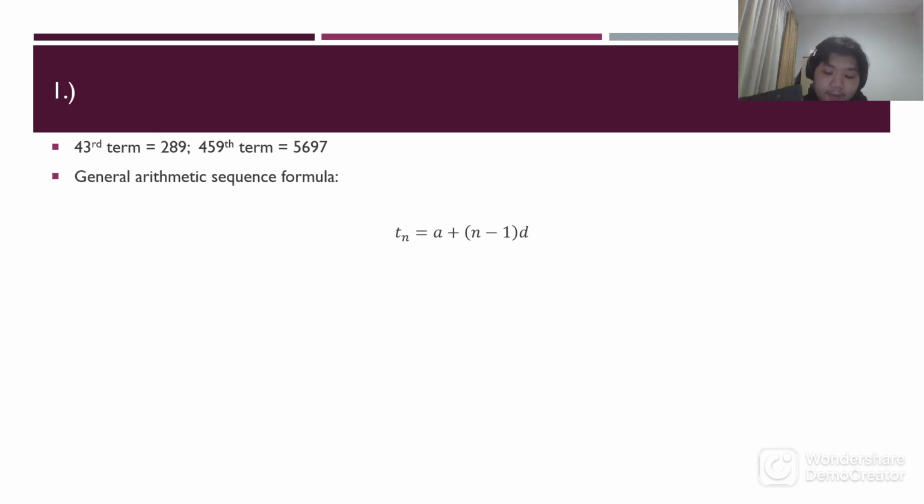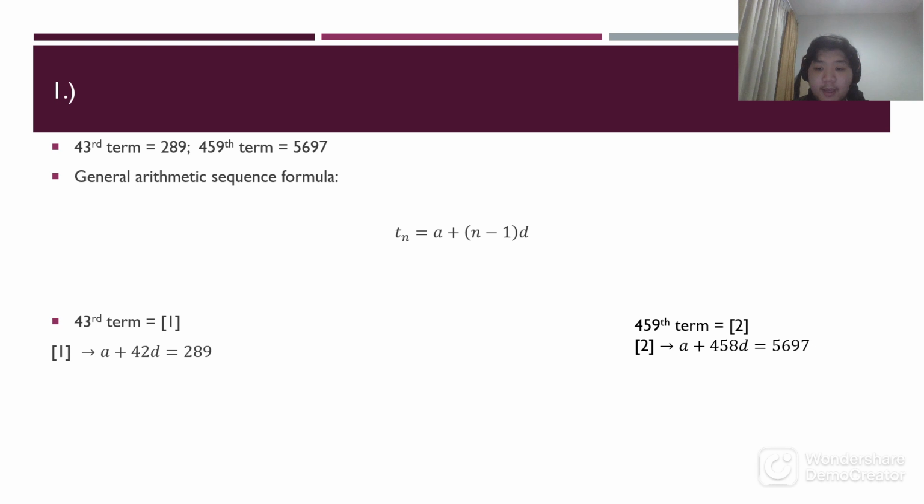Since we have two terms that we know, the 43rd and the 459th term, we can separate them into different equations, with the 43rd term as equation 1 and the 459th term as equation 2. We implement the general formula into what we know for each term, which gives us equation 1: a plus 42d equals 289, and equation 2: a plus 458d equals 5697.